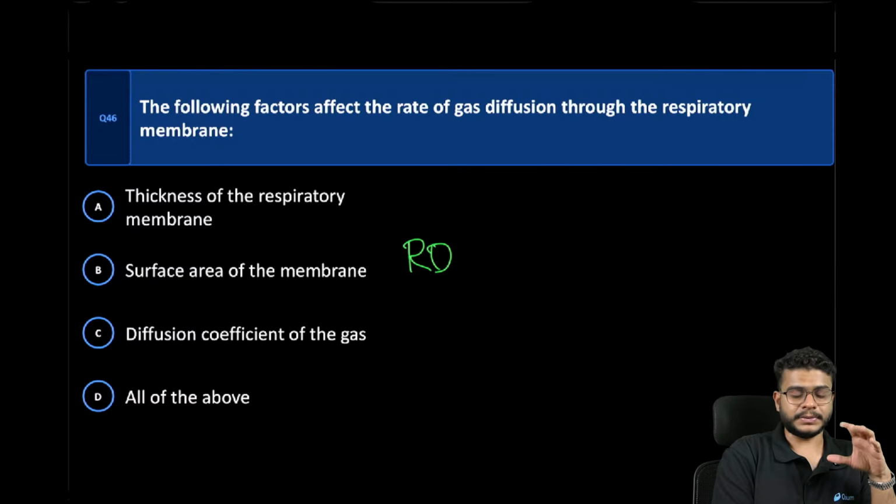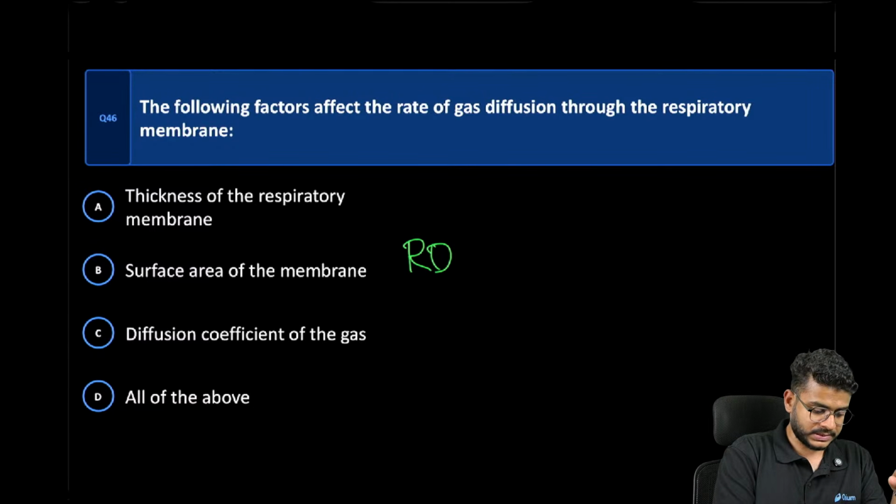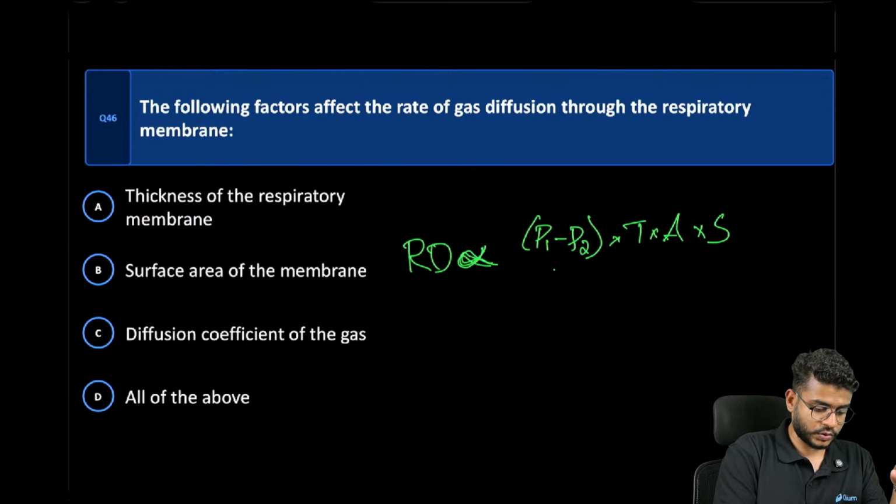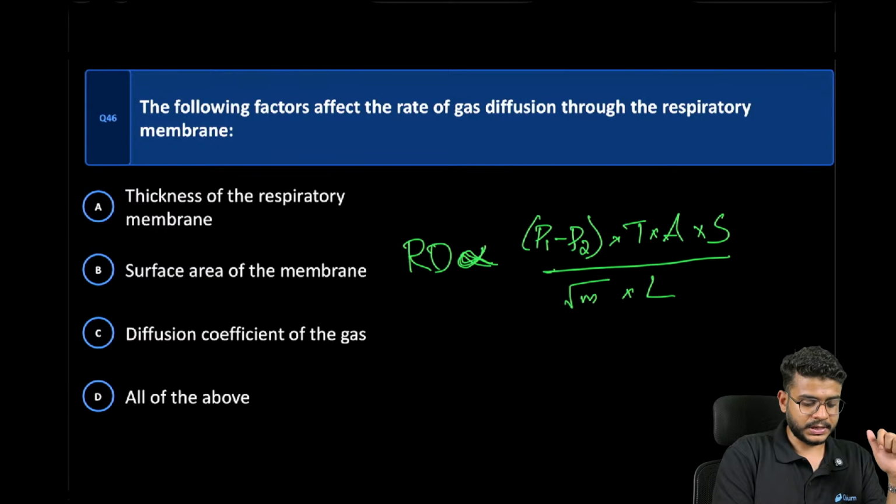The rate of diffusion is the ability for the gases to move across the alveolar membrane, which is directly proportional to change in pressure, temperature, area, and solubility, and inversely proportional to root of molecular weight of the gas and the thickness of the membrane.